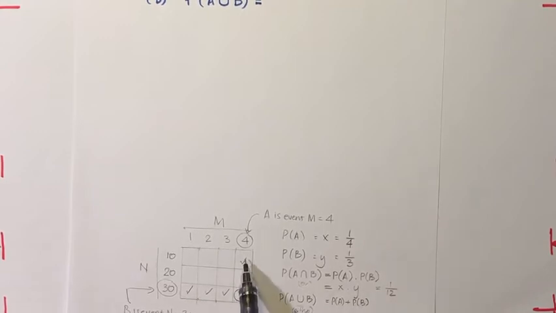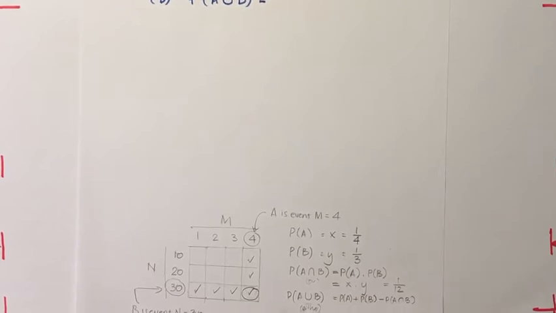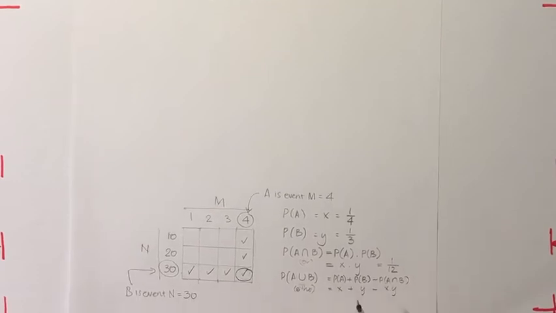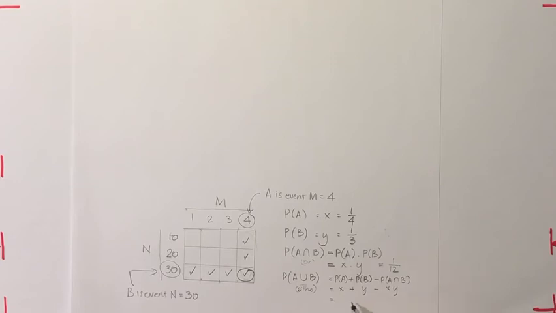But if we didn't have this box, then we would say that this is the probability of A plus the probability of B. Basically, adding that row and that column and subtracting the intersection, which is the probability of A intersection B. Since you double counted this one, we have to subtract that one box. So that is simply X plus Y minus XY.